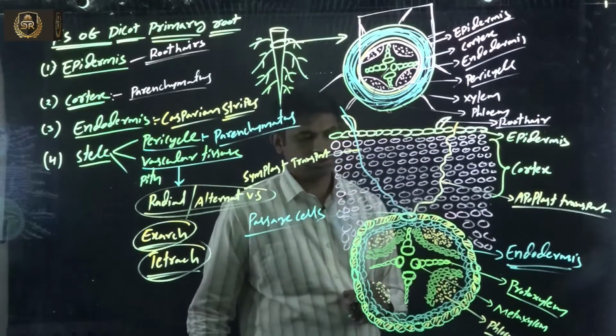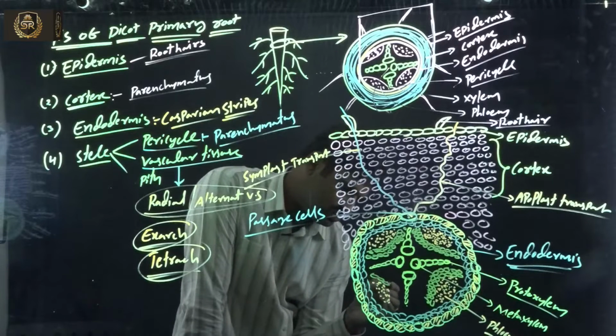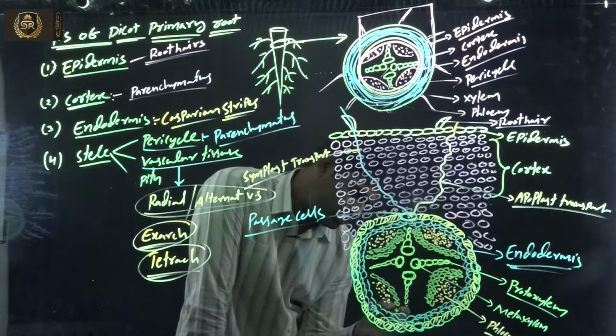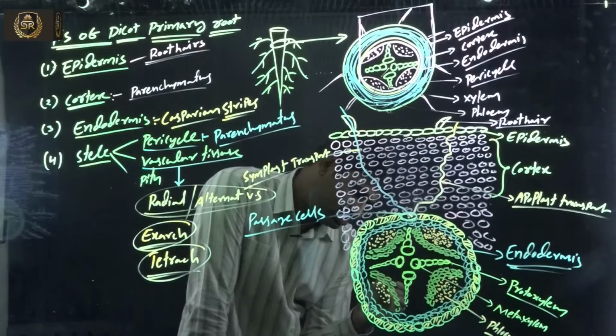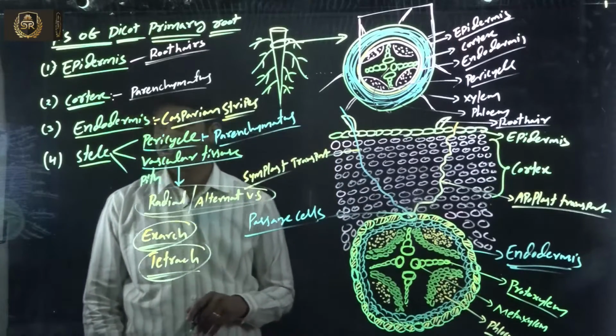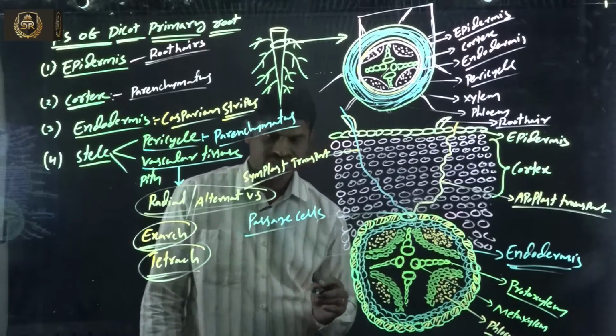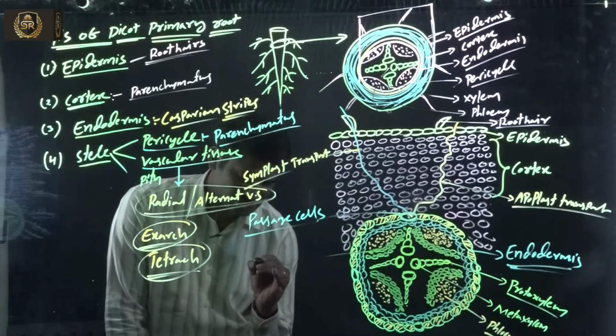Xylem and phloem separated by parenchymatous tissue: the tissue name is conjunctive tissue.